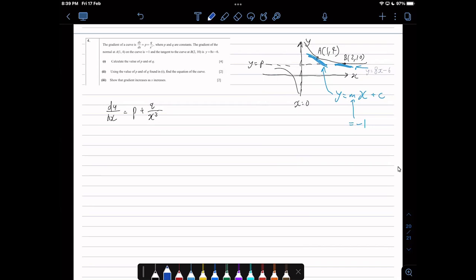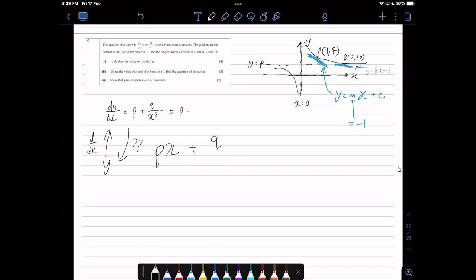Oh, you actually don't need to do integration. To go from y to dy by dx, what do you do? You differentiate, right? So do you think you can work backwards? Undifferentiate. Just reverse the procedure.